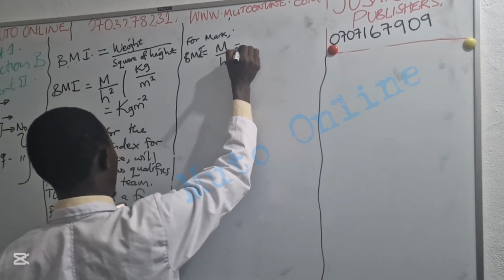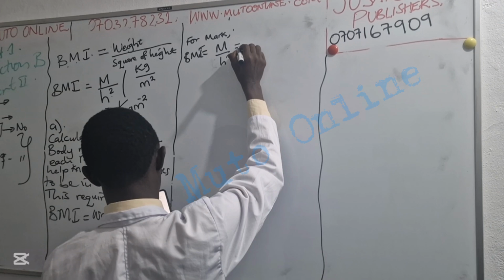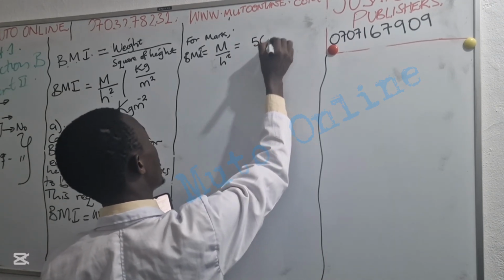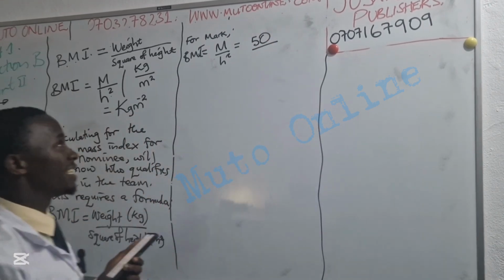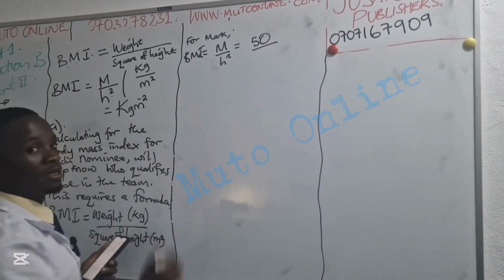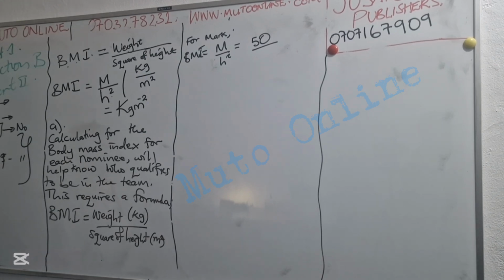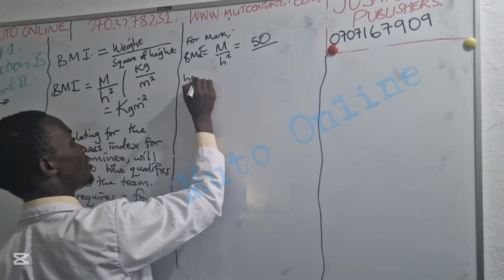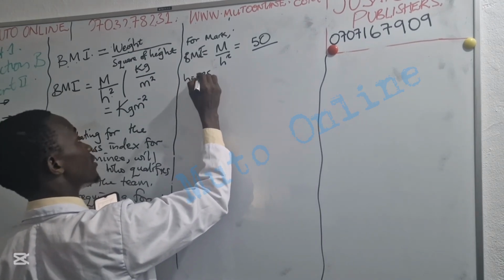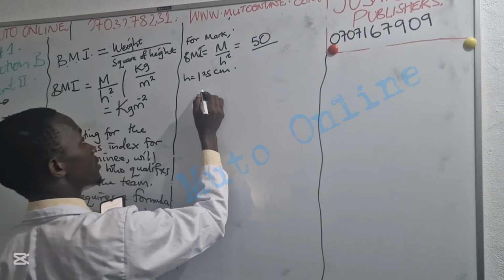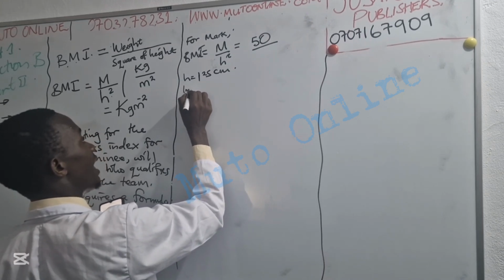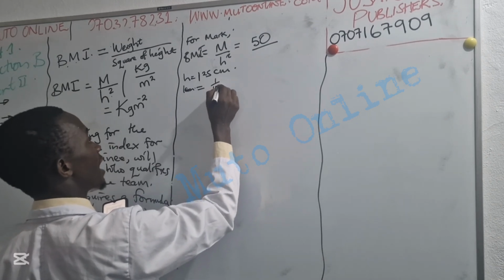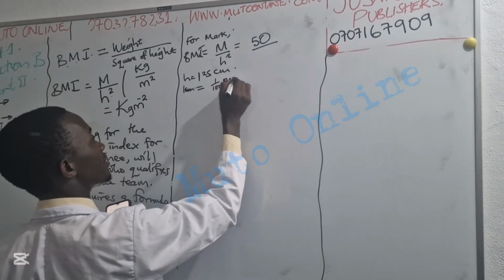So the mass of Mark is 50 over the height. The height we have is in centimeters. So we have to convert it to meters. So remember, the height alone is 125 centimeters. But 1 centimeter is equivalent to 1 over 100 meters.